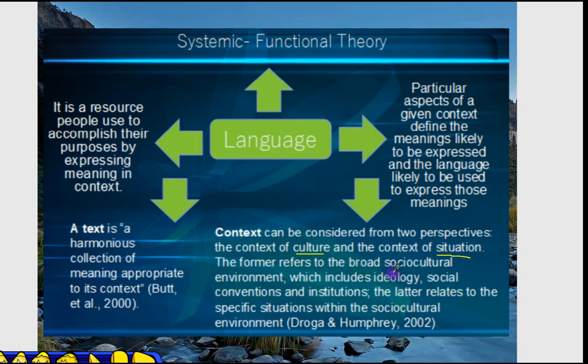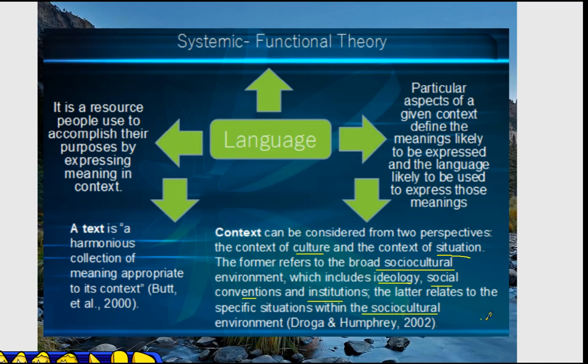Culture is the socio-cultural environment, including ideology, social conventions, and institutions. And the situation context relates to the specific situations inside the socio-cultural environment. So they are inside a system.